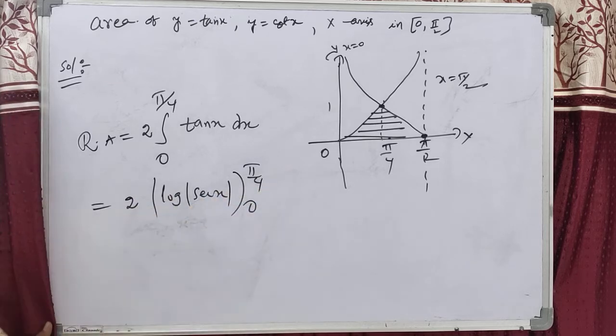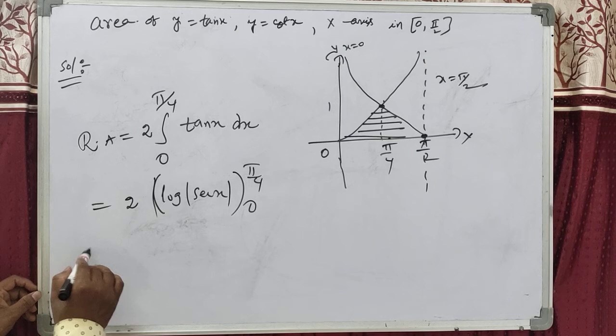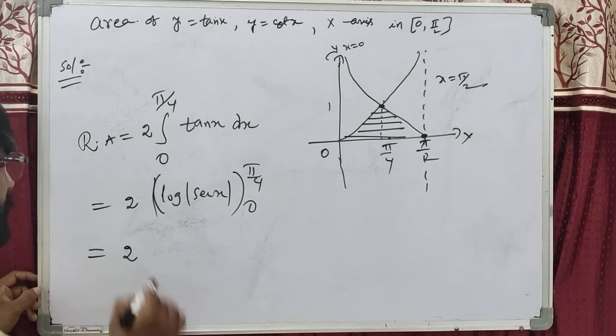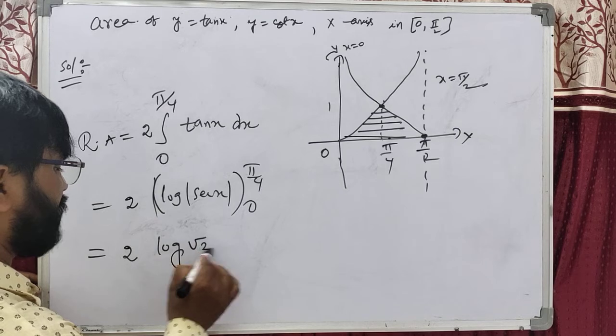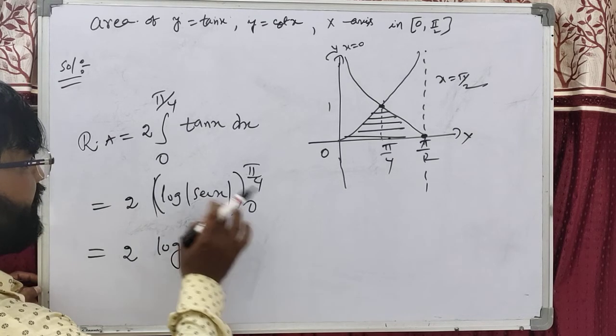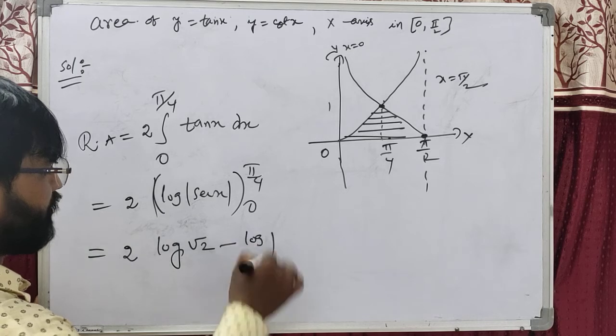Okay students, the log mod of secant x. Therefore, dear students, we substitute here twice log mod of secant 45, which is root 2, minus secant 0, which is 1, since cos 0 is 1, secant 0 is 1, log 1.